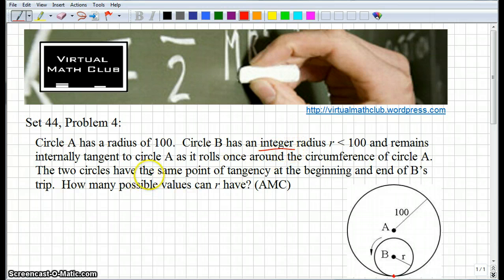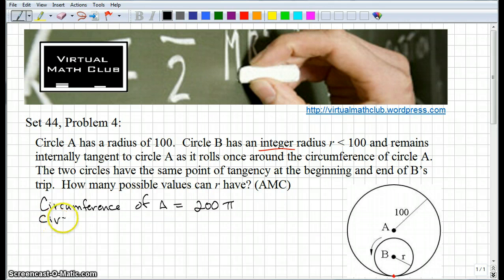And let's take a look at the two circumferences. The circumference of A, we can calculate that because we have all the numbers, is 2 pi times the radius, right? Or pi times the diameter. So that would be 200 pi, all right?